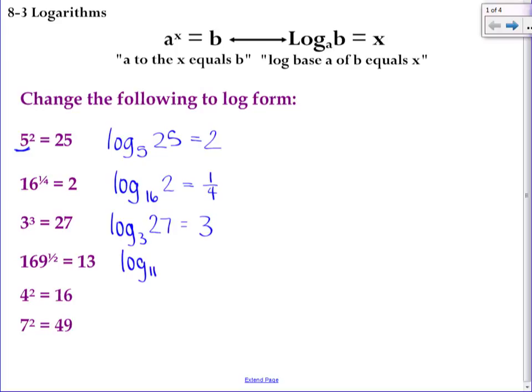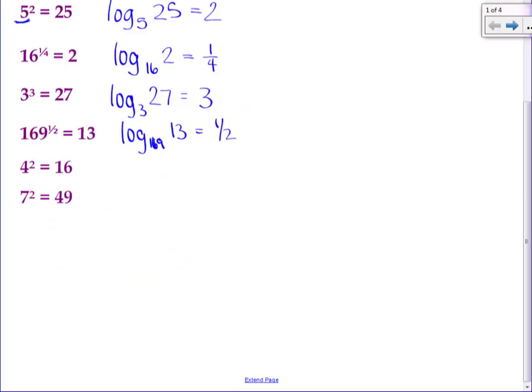Log base 169 of 13 equals 1/2 as the exponent. Log base 4 of 16 is 2. And log base 7 of 49 is 2. So it isolates that exponent.